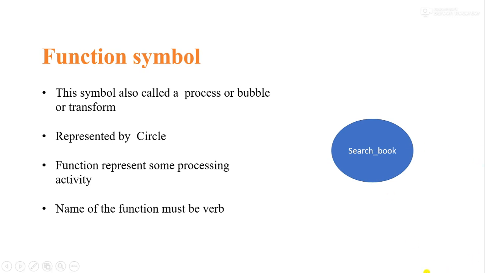We can represent this search function using this circle, and inside this circle we need to write the name of that function, and the name of the function must be a verb, that is an action related word. So this is how we can represent a process or function in our DFD diagram.